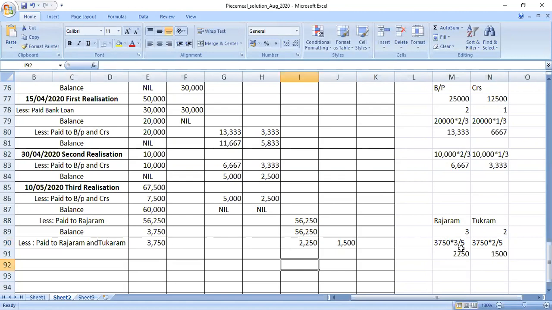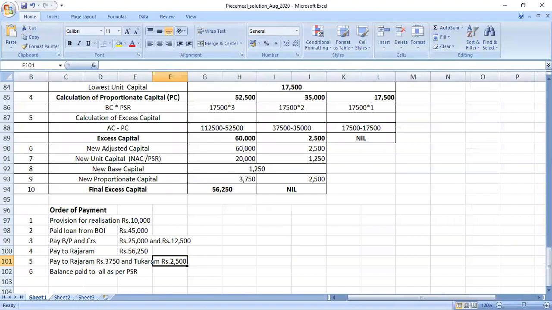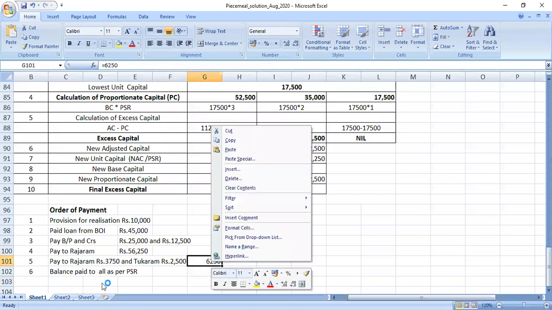Now, how much amount do we have to pay them? 3,750 plus 2,500, it means we want to pay 6,250, but it's not possible to pay 6,250.